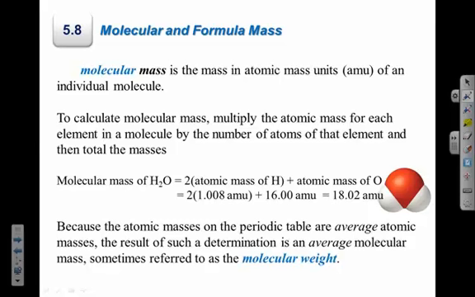We can use the term molecular here because our water is a molecule that has atoms sharing electrons. If the atoms weren't sharing electrons, it wouldn't be a molecule. And we wouldn't use the term molecular mass, because molecular refers to a molecule. So what would we use?